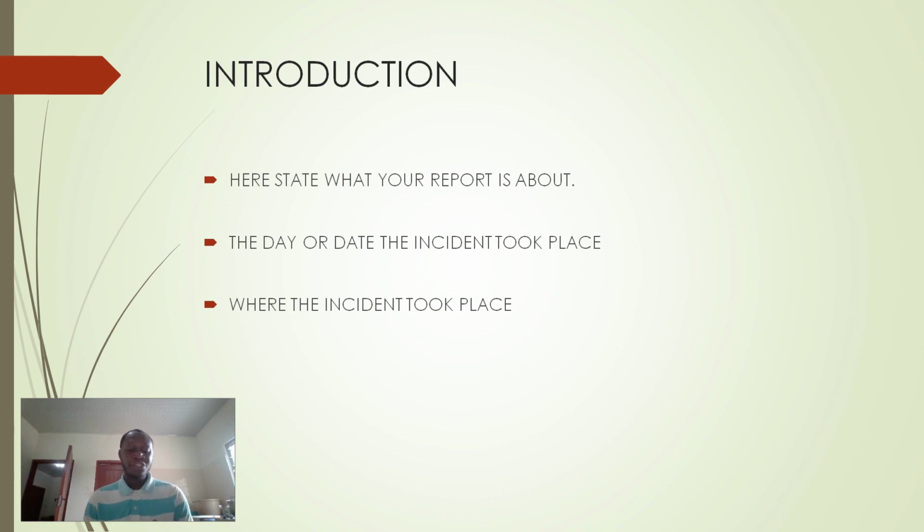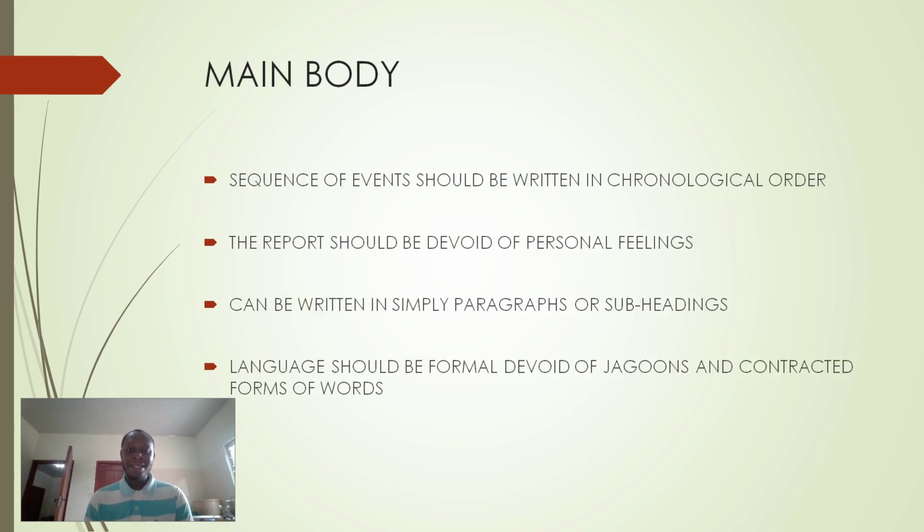From the introduction, we move to the main body. The main body, what you simply do is to make sure that your ideas are written in a chronological order. There should be a sequence to your ideas or events that occurred and you are reporting on. Make sure that you don't jumble things up and down.